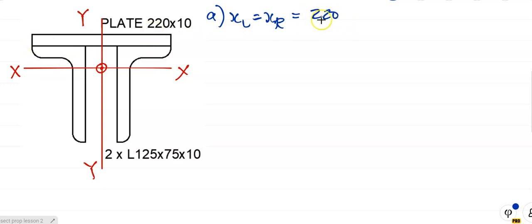So it's 220 over 2 is equal to 110 millimeters. And there's 2 marks for that. If you just say x left, x right, just 110 millimeters, I give you 1 mark because I want to see that calculation. I want to see where you got it from. So that's 2 marks for that there.